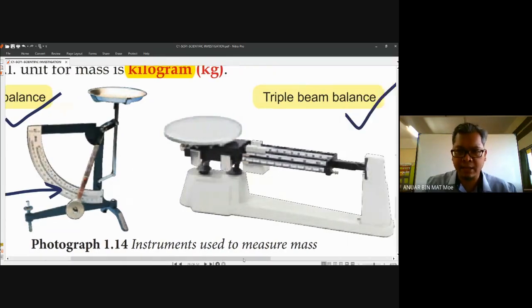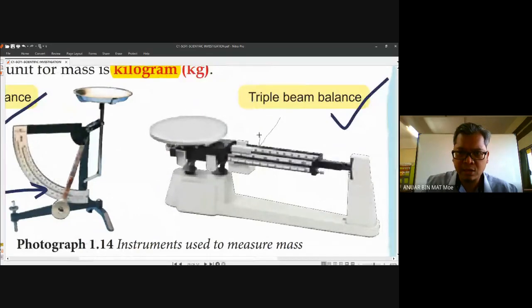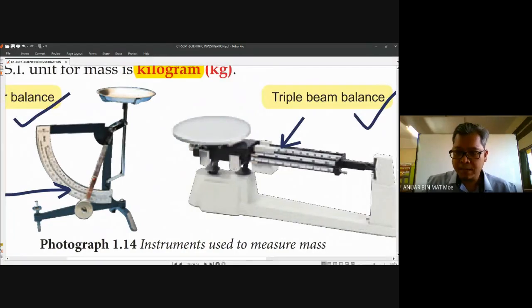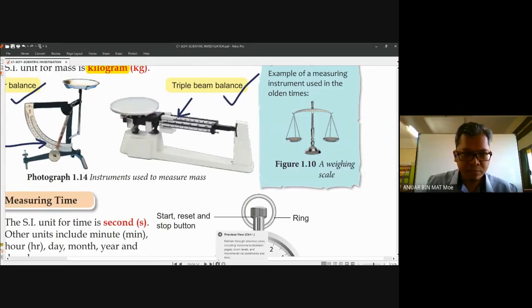This triple beams balance also has the scale here. So you must be careful when you are taking the measurement using this instrument. Please beware of the parallax error. Right?